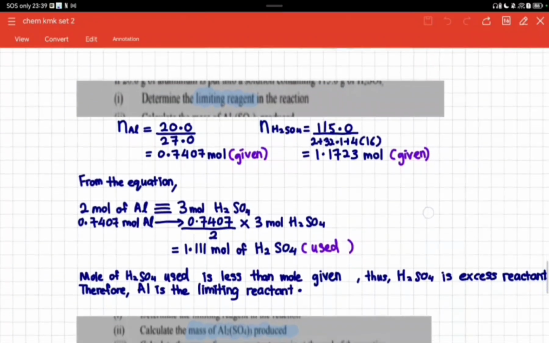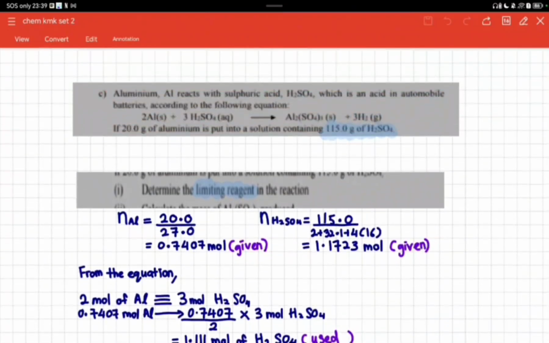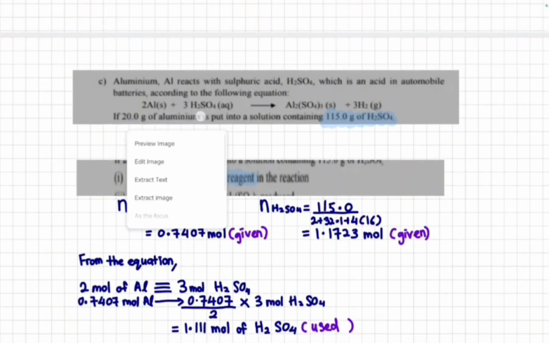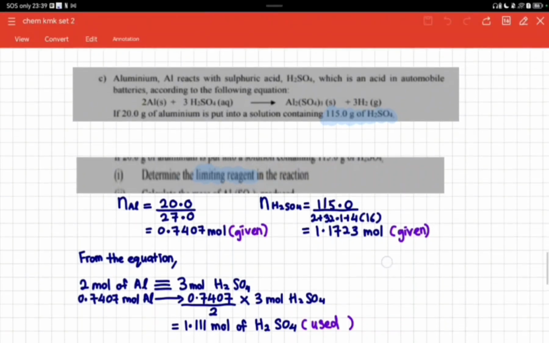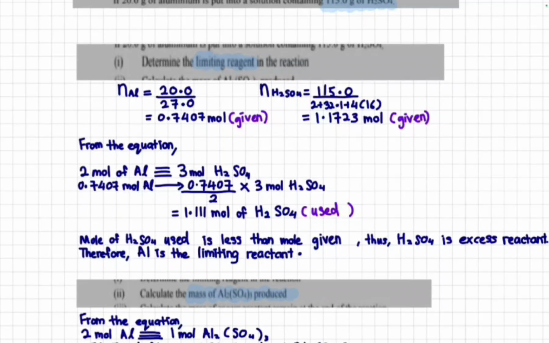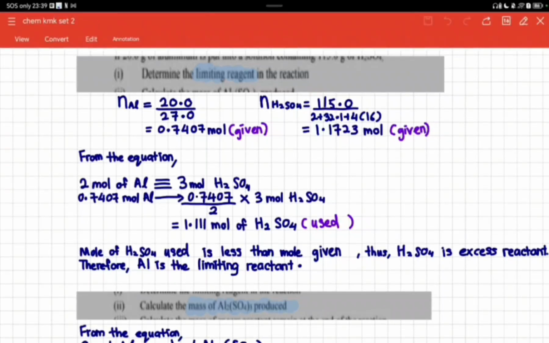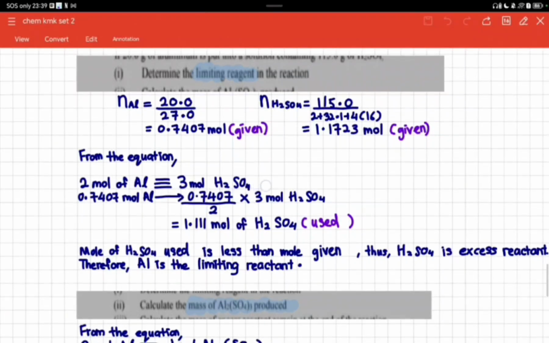How we are going to compare is by using the equation given to us, which is 2 moles of aluminium react with 3 moles of sulfuric acid. So from the equation, 2 moles of aluminium react with 3 moles of sulfuric acid.